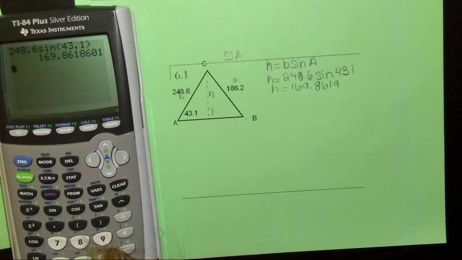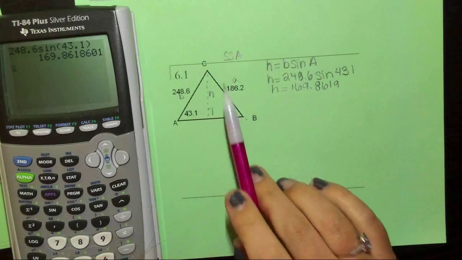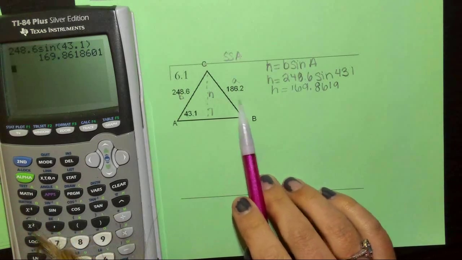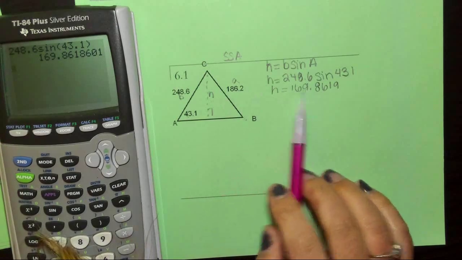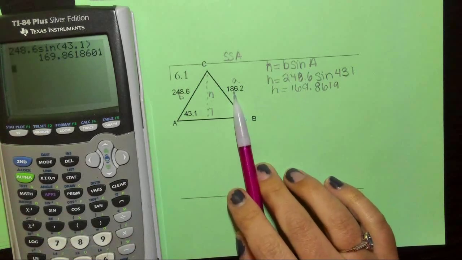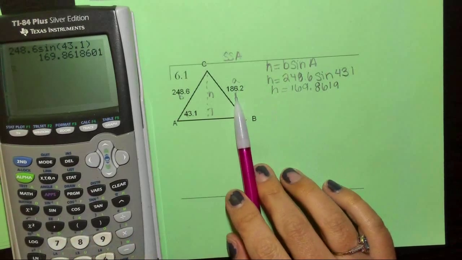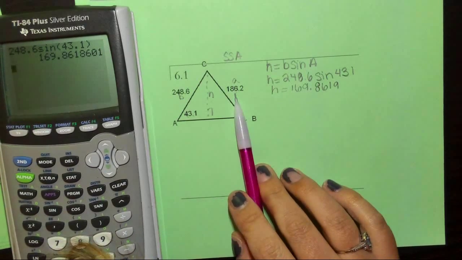Okay. So case 1 says that we would use it if our opposite side is less than our height. So that's not the case here because our opposite side is more than. It's not case 2 because our height and our opposite side A are not equal.